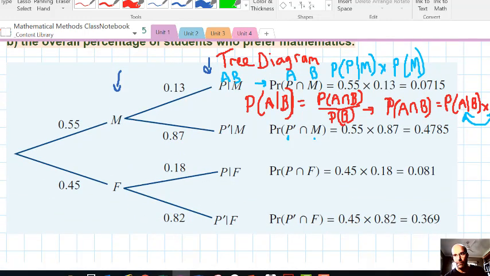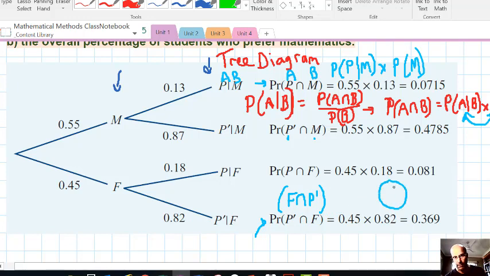Let's have a look at which one we've got there, and remember they can be written the other way around, F intersection, and it's this one, isn't it? Remember the intersection, if you drew a Venn diagram, is a shared zone, so the symbols F and P dash can be switched around with the intersection, because no matter which way you look at it, that's a shared intersection.